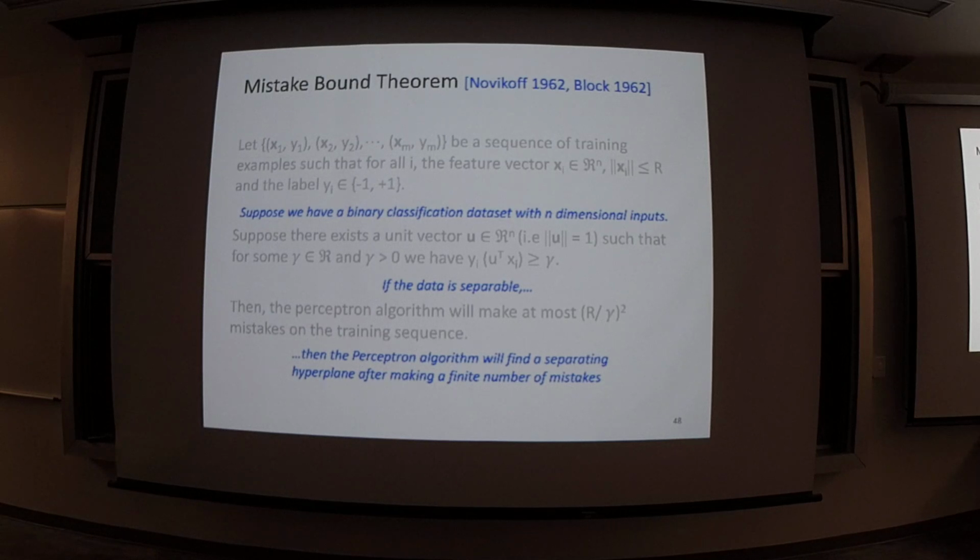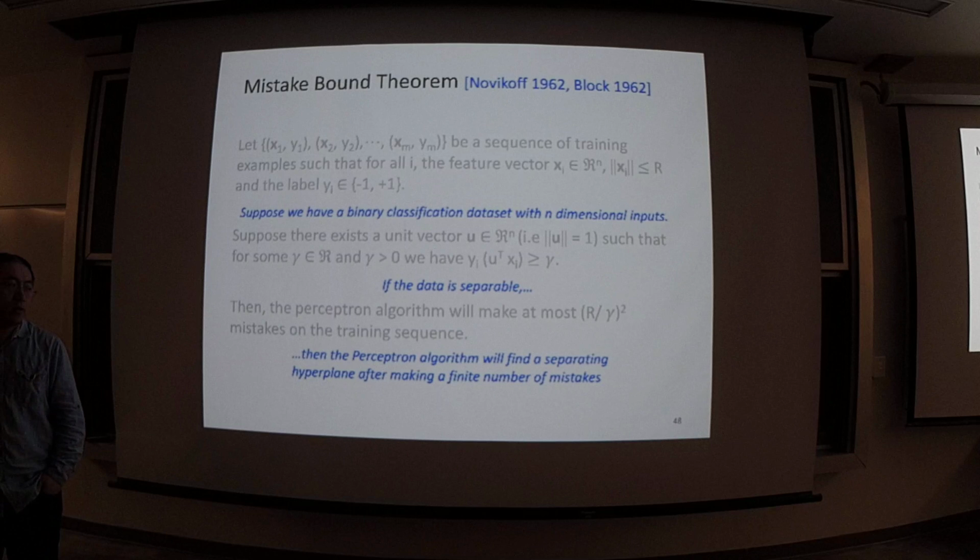But anyway, in addition to those details, what this mistake bound theorem delivers is this: suppose we have a binary classification data set with n-dimensional inputs. If the data is linearly separable, then the perceptron algorithm will eventually find a separating hyperplane after making a finite number of mistakes.